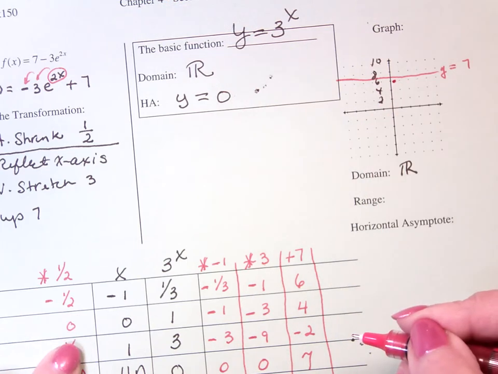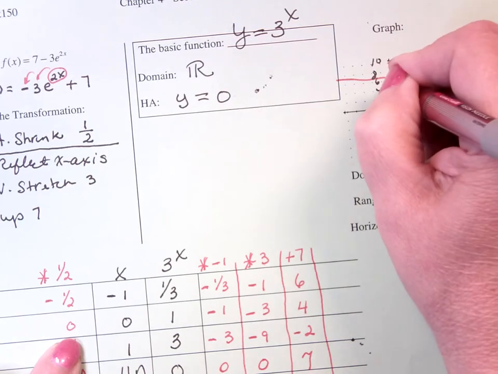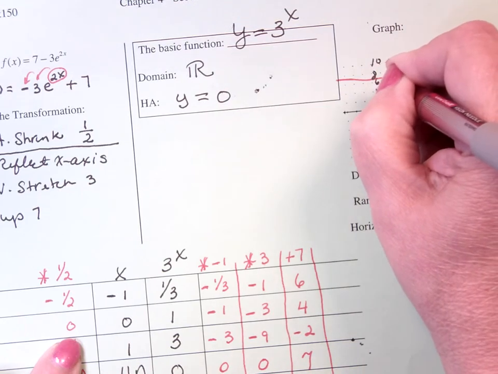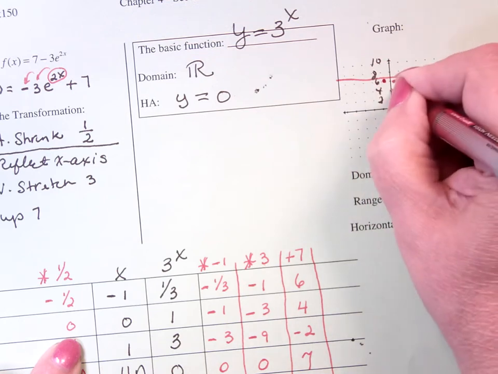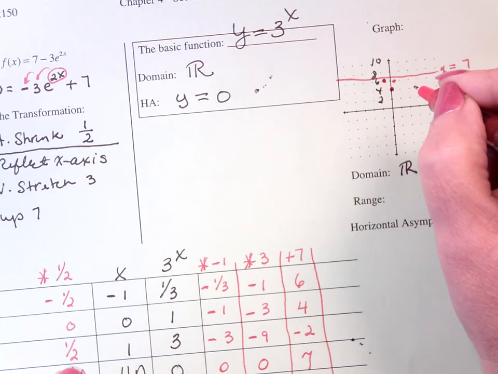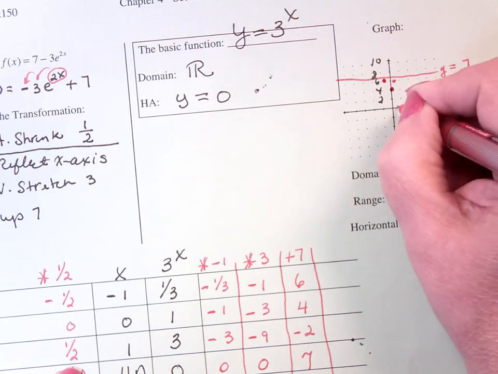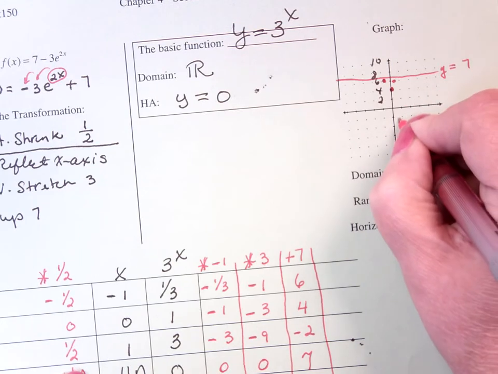I'm going to have 0, -1/2, +6. Where are you guys when I need you? 0, 4. And 1/2, -2. There it is.